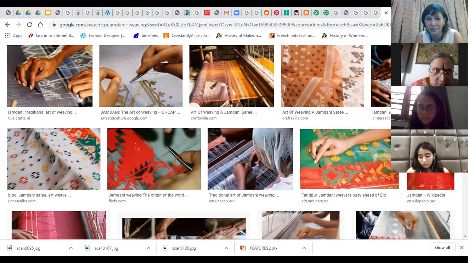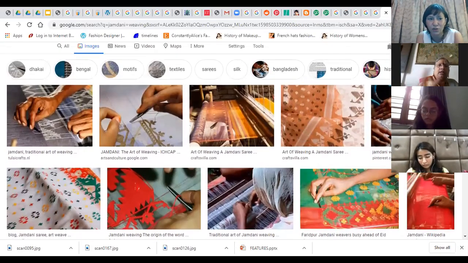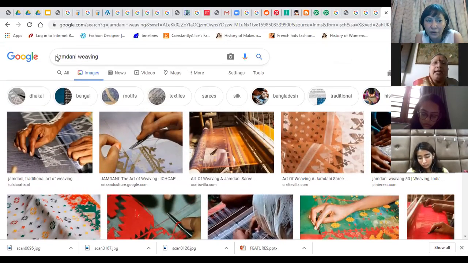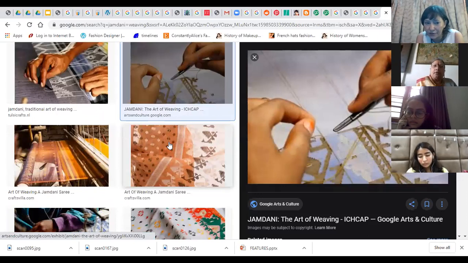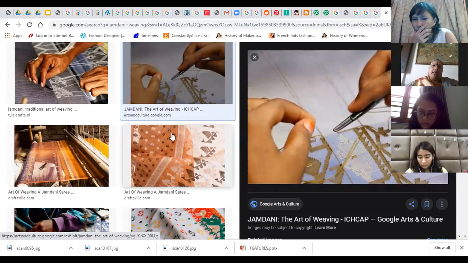No, Belinda, none of these are Tanda Jamdanis. I didn't write Tanda, I just wrote Jamdani. The second kind of Jamdani is what Belinda is showing you. That is Dhakai Jamdani, where the fineness is of a different quality, but it's not compacted together, and hence you get that gauzy effect.